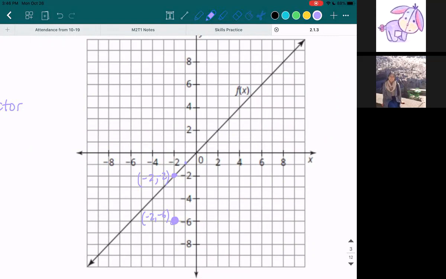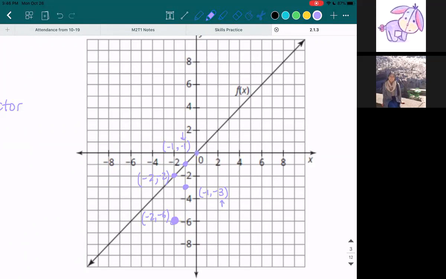Let's do the same process over here. So for this point, we have -1, -1. So we're going to take the old y value and multiply it by 3. What is -1 times 3? You should get -3. So this is your new point. It's at -1, -3. All we did was change the y value to multiply it by 3.